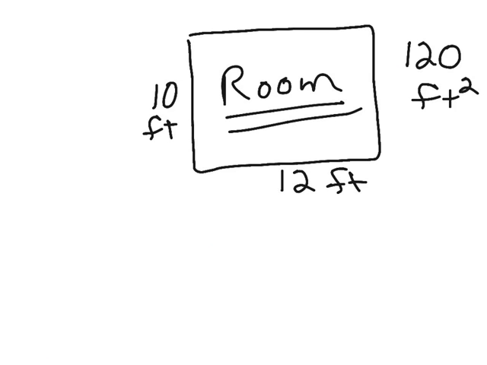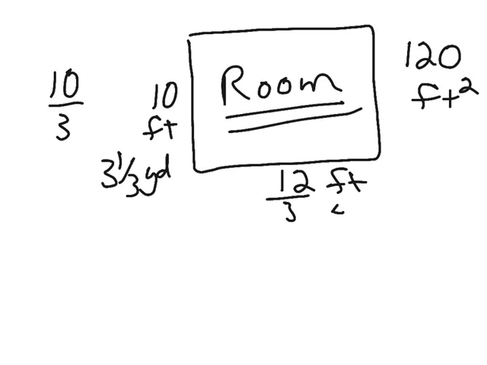So let's just think about this for a second, because 10 feet, how many yards would that be? Well, it would be 10 over 3, and that would be 3 1/3 yards. And 12, if you divide by 3, that ends up being 4 yards.